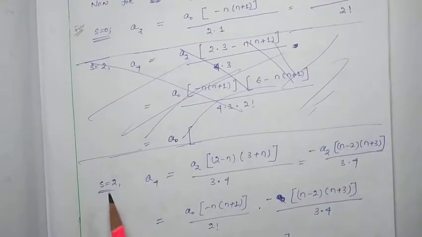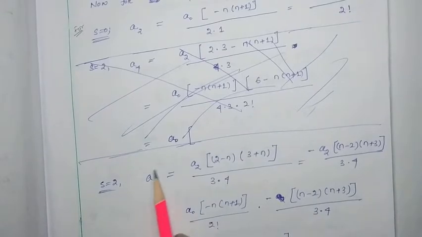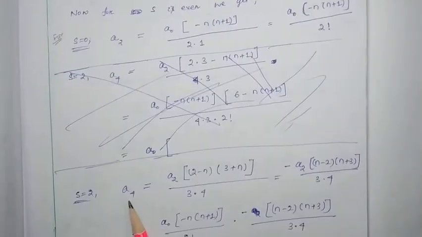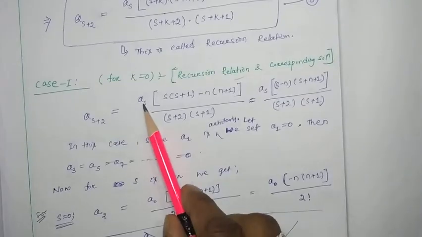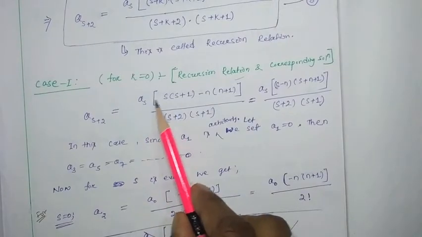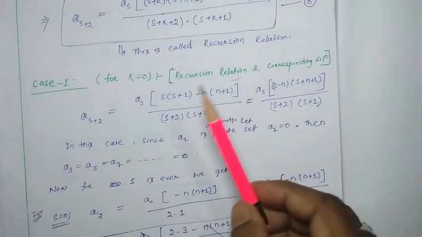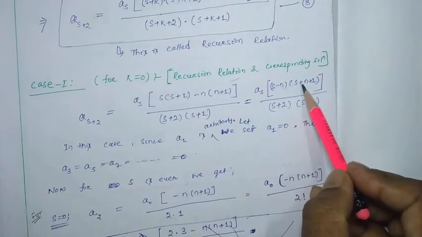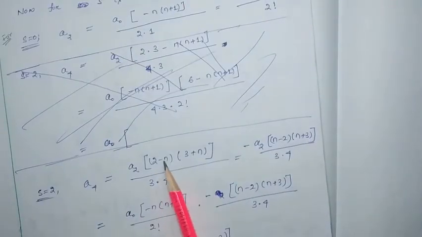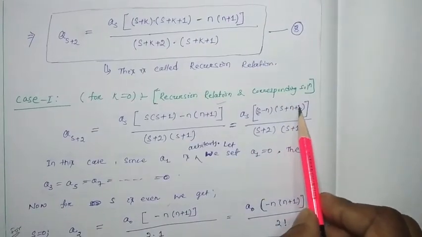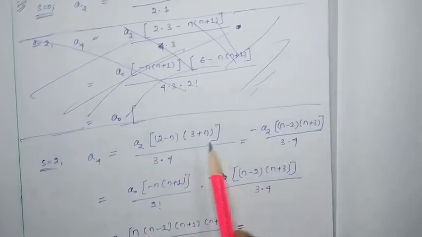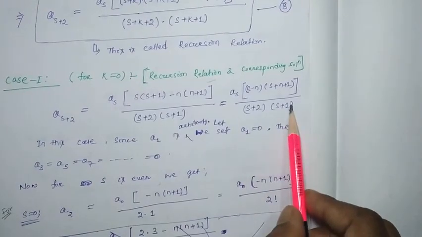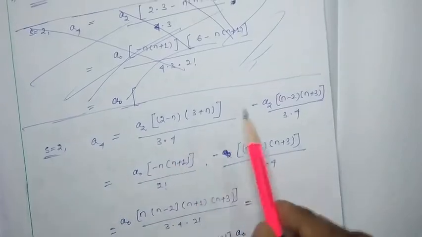Now if we consider s equal to 2, we can find a4. So a4 will be equal to a2 times, here you have to put 2, sorry, 2 minus n into 2 plus n plus 1, that is 3 plus n, divided by 2 plus 2 equal to 4 and 2 plus 1 equal to 3, so 4 into 3.